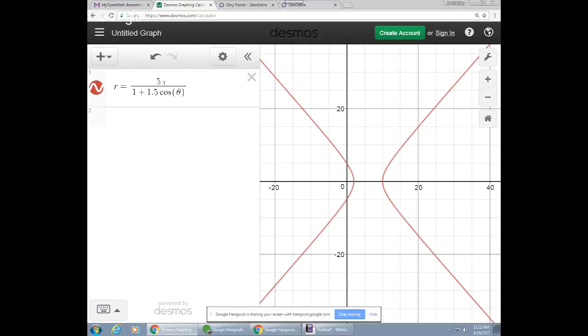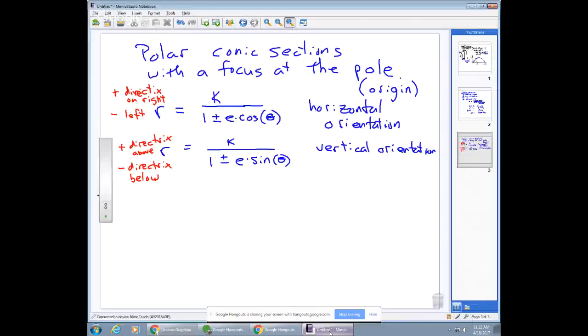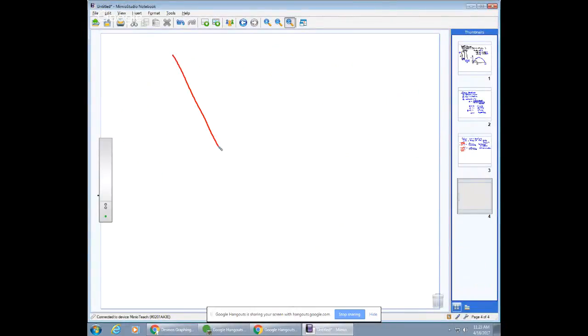Because if you look straight at a pair of intersecting cones, straight on, they look like this if you can't see them in 3D space.